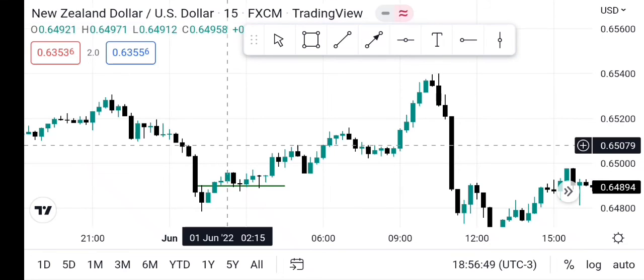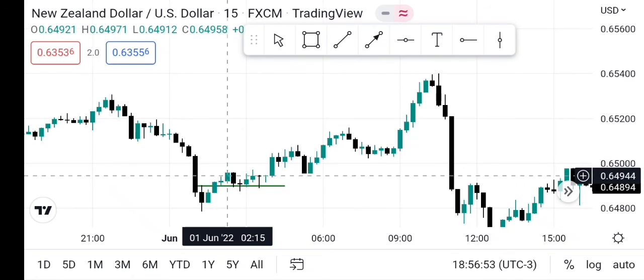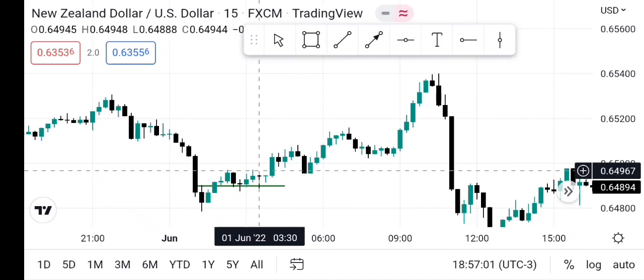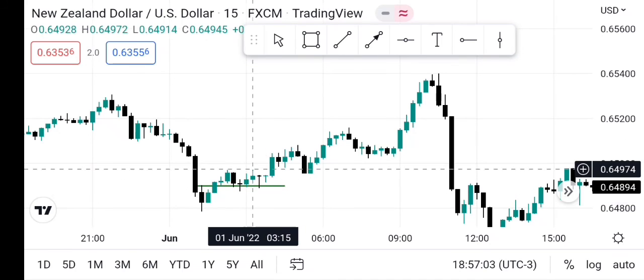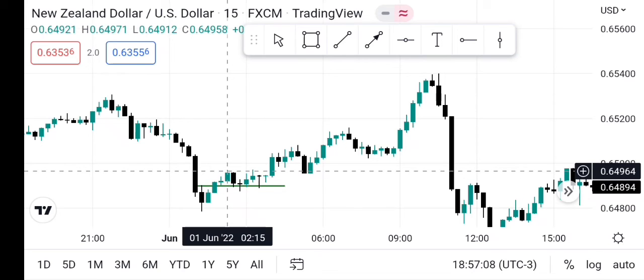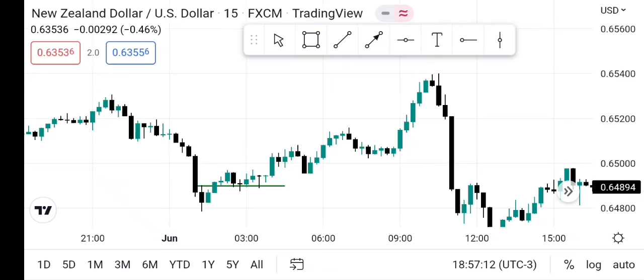Now look at this swing high here. This is a very beautiful swing high. Now, based on the fact that this swing high was broken higher, we are taking the high of the candle that makes the swing high, this high right here, and then you draw it out.